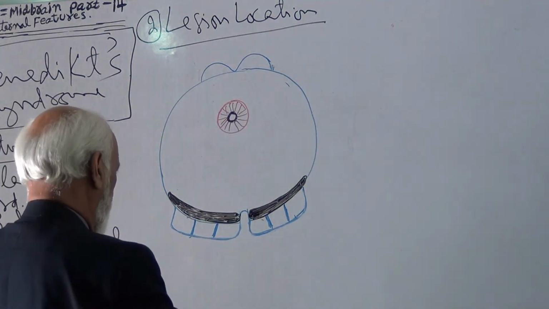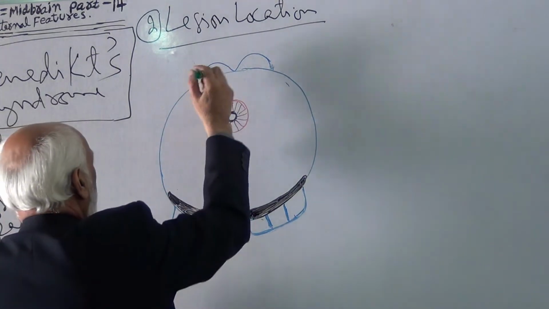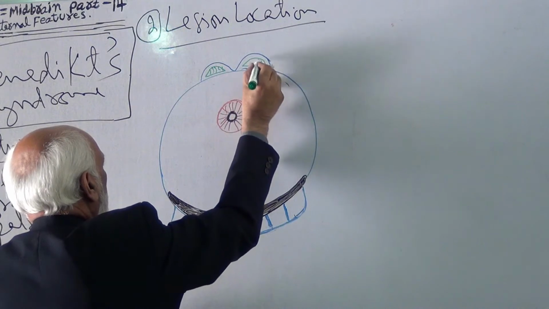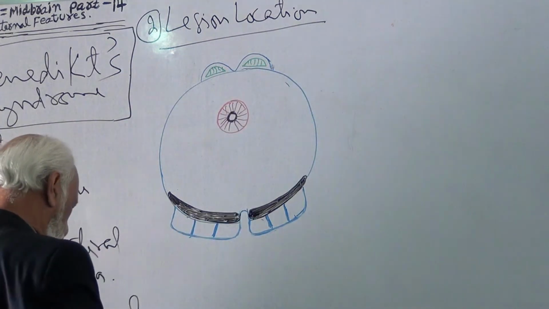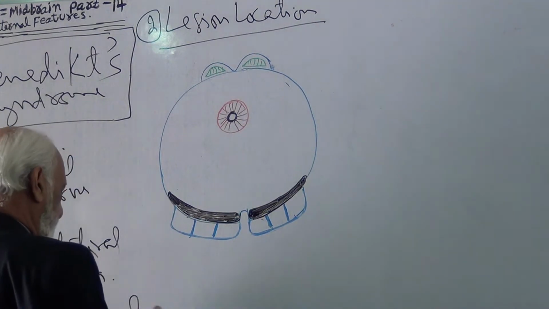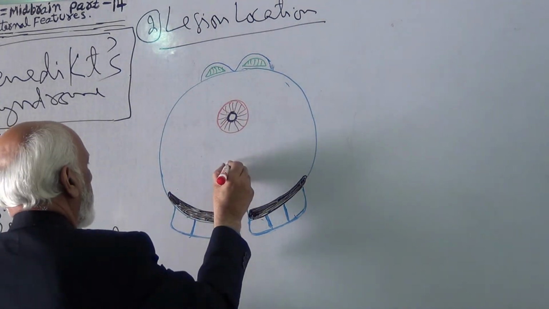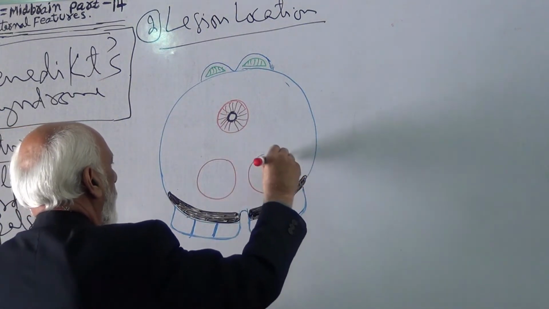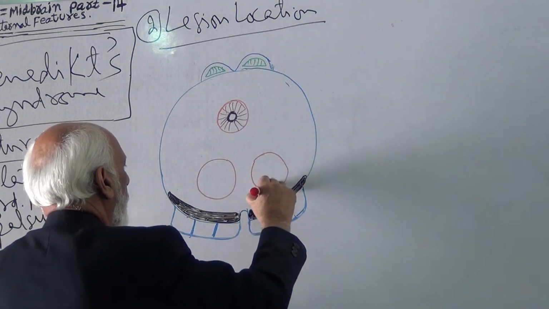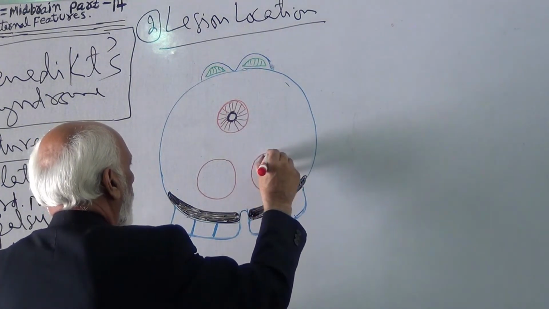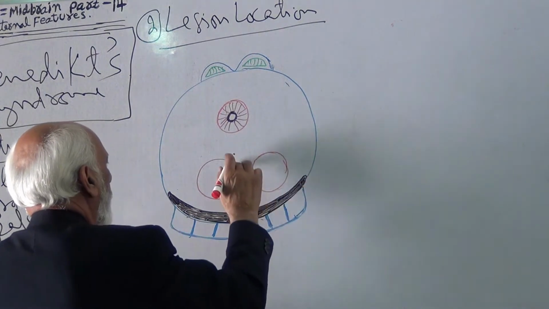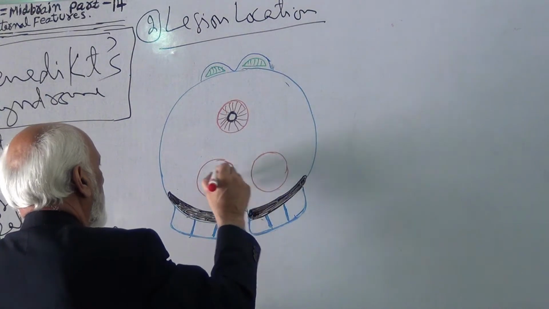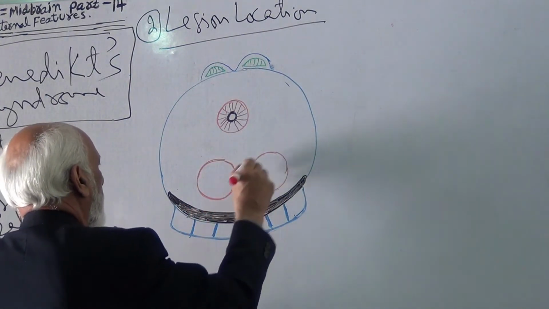This section is at the level of superior colliculi. These are the nuclei of superior colliculi. So at this level in the midbrain lie the red nuclei, right and left.